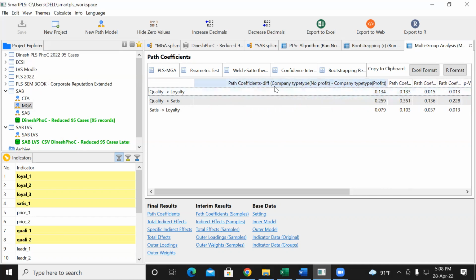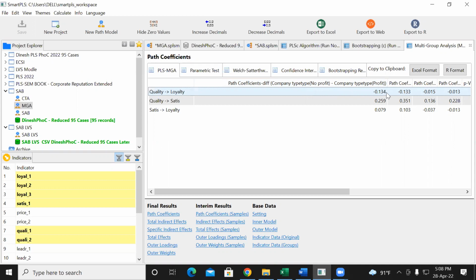That means the path coefficient of company type not-for-profit, from that beta path value, you deduct the path value in the profit-oriented companies. That difference is minus 0.134. That is not the path value, it is the difference between the two path values of the two models.